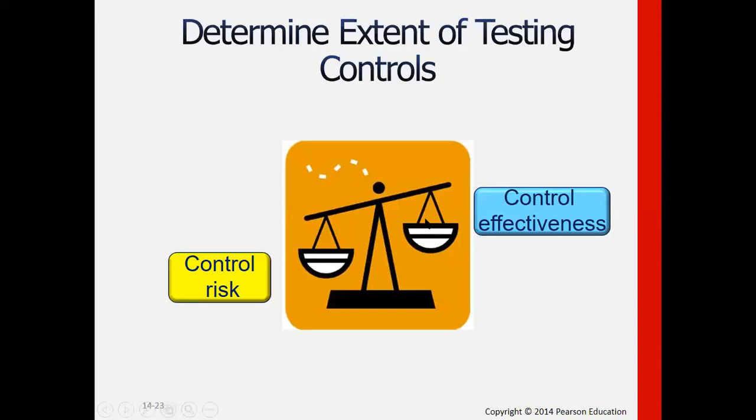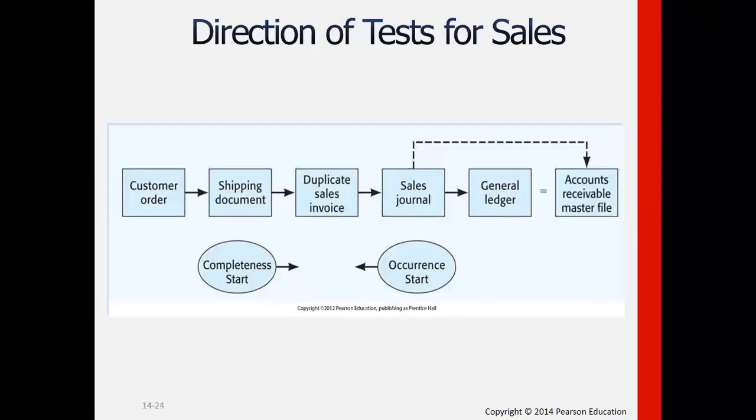Or we can also interpret this as: if control risk is higher, the effectiveness of that internal control is lower. So there is an inverse relationship between the control risk and control effectiveness.